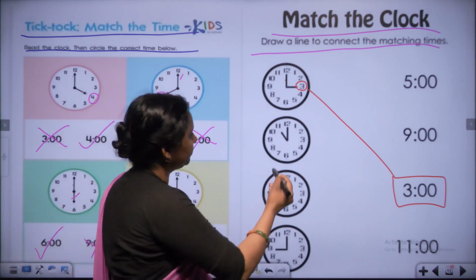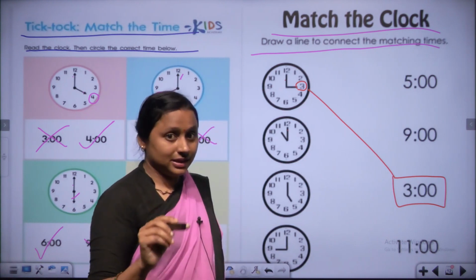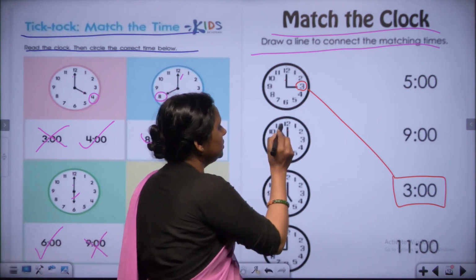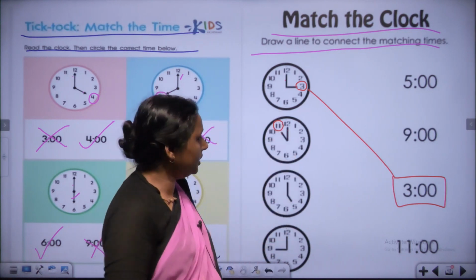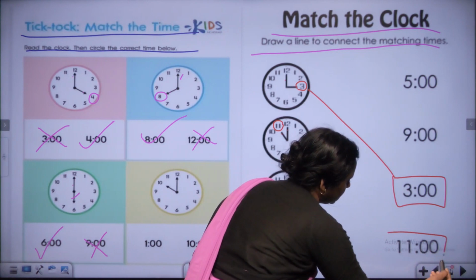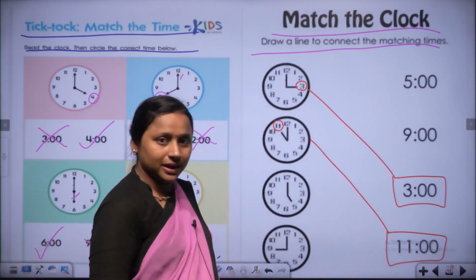And here minute hand in 12 and our shorter hand goes to 11. So what we read, children? 11 o'clock. Yes, 11. So match it, 11. Okay.